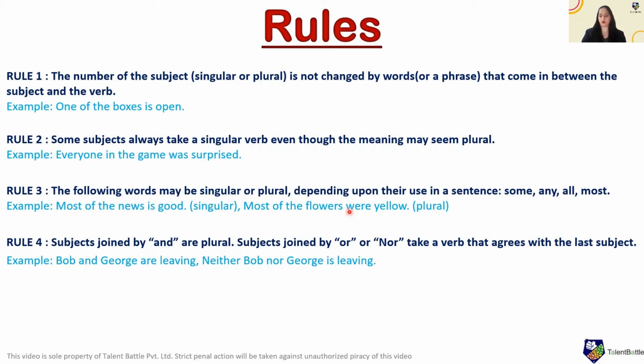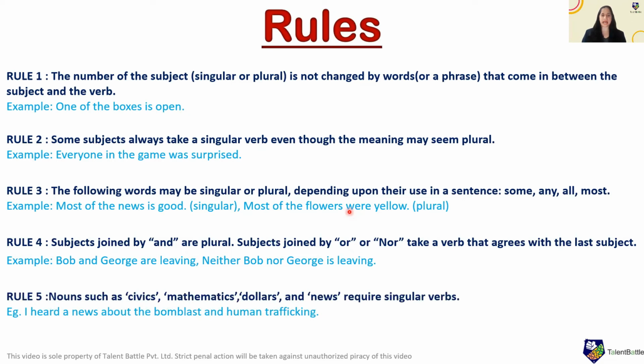Subjects joined by or, nor take a verb that agrees with the last subject. I'll give you an example. Lily nor Gia is leaving for London. So we are talking about either one of them, neither this one nor that one. Lily nor Gia is leaving for London. If we were talking about both together, then we would use are. But here we are talking about individuals, hence we are using is.